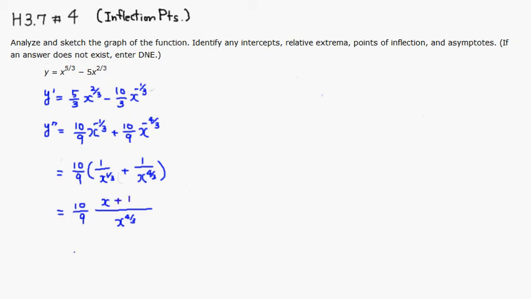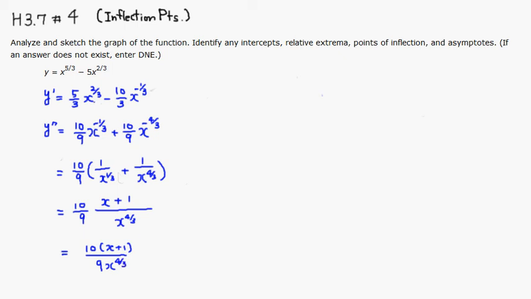So you can see that the second derivative, y double prime, is 10 times quantity x plus 1 over 9 times x to the 4/3 power.